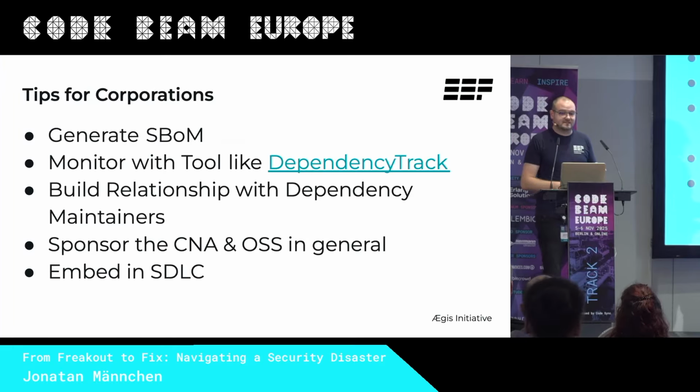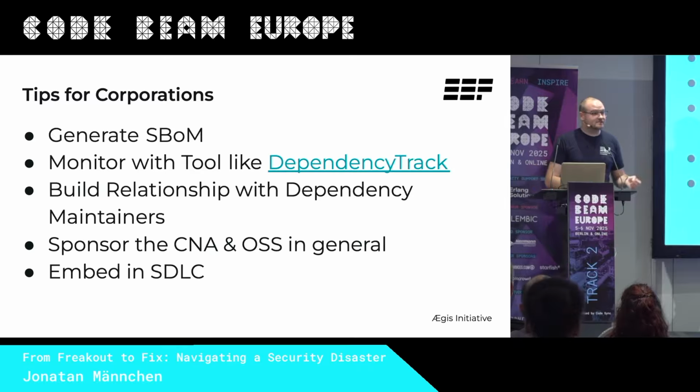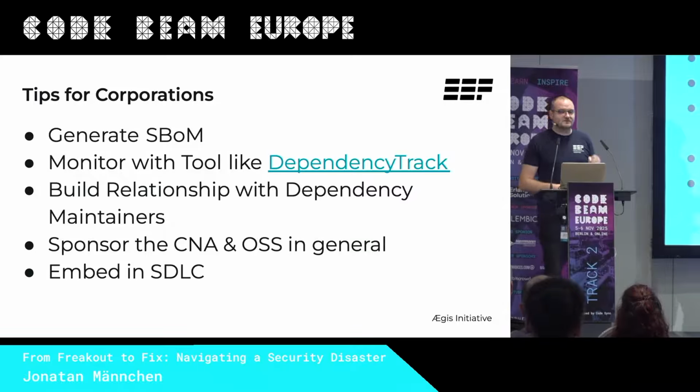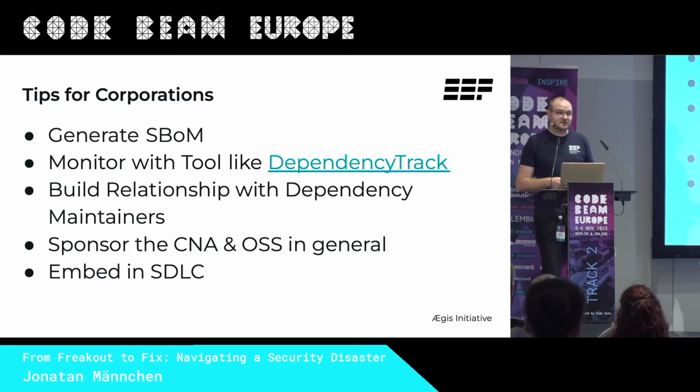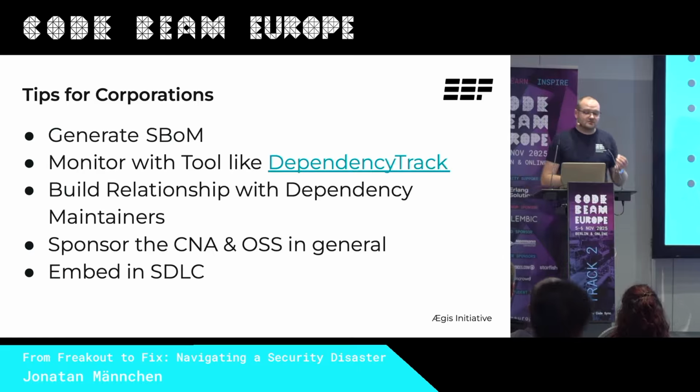In a corporate setting, you can augment these community best practices with organizational muscle. First, you should really maintain an accurate software bill of materials using standards like CycloneDX. And there are tools that use these SBOMs, and you can combine them with vulnerability feeds, and you're alerted the moment a flaw appears. Whereas if you just run it in your CI, you're only going to ever find out if you do a change. Next, don't treat open source as a black box.